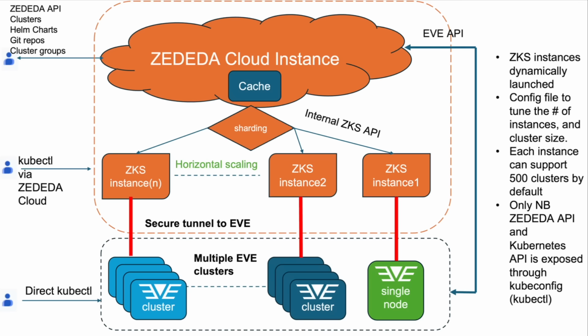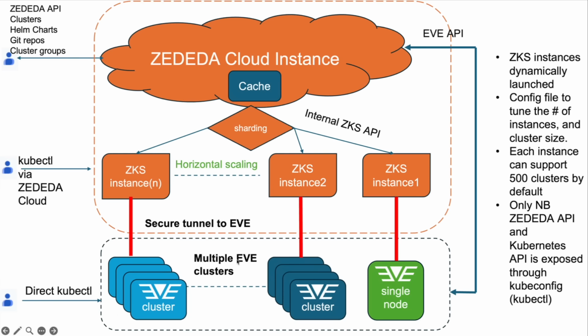While this looks very complex, it's very point and click: create a cluster, deploy an application. However, if you don't want to use the ZEDEDA cloud to interact with that cluster, you can do it directly with your kubectl commands, or you can use kubectl via ZEDEDA cloud. There are a lot of ways to interact with it, whether you're using ZEDEDA cloud itself or using the Kubernetes API directly.